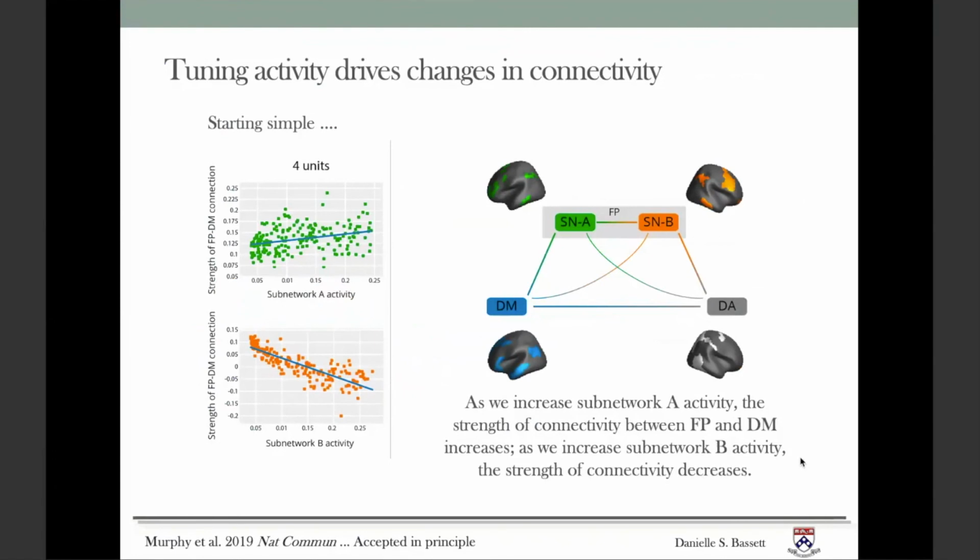And then here, when we increase the activity of subnetwork B in the model, but again leave everything else alone, then we decrease the strength of the functional connection between frontal parietal system and default mode system, consistent with the data. So that's suggestive that just increasing the activity of each of these subnetworks differentially tunes the functional connectivity between the two systems.